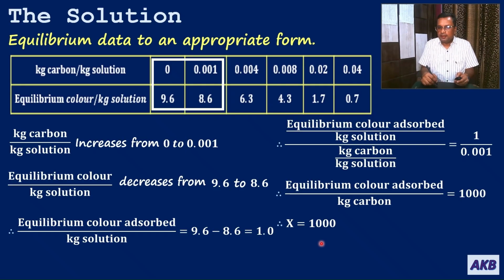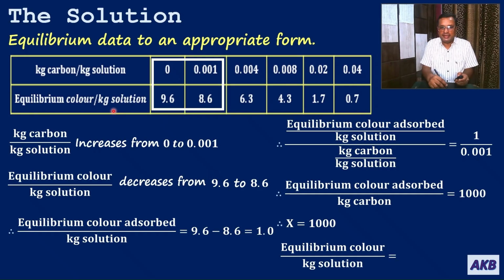That means in order to get capital X from the given data, we will have to do this calculation. For the first row, when you are adding 0.001 kg of carbon, the equilibrium color adsorbed per kg carbon comes out to be 1000. And in the second column, you have equilibrium color per kg solution, and that is nothing but capital Y. So capital Y is directly given to us.